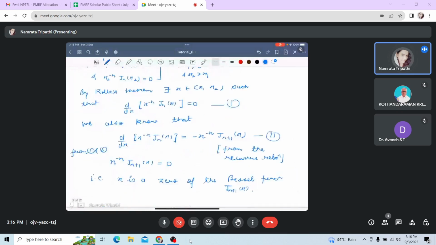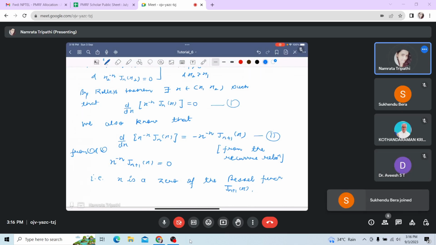And we also know that the derivative of the function is minus x to the power minus n Jn plus 1 of x. This we have already learned in the lectures, from the recurrence relation. So from equation 1 and 2, we can clearly see that x to the power minus n Jn plus 1 of x equals 0, that is Jn plus 1 of x equals 0. So x is a zero of Bessel's function Jn plus 1. Is it fine?